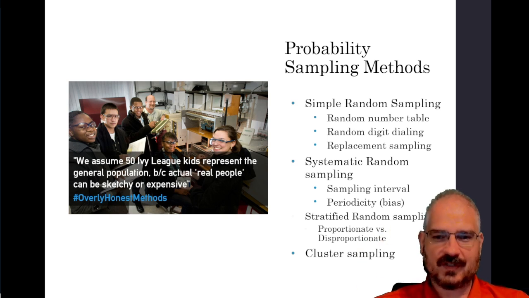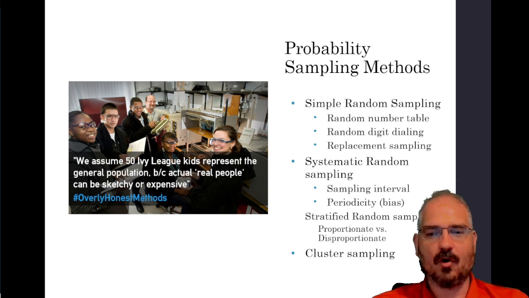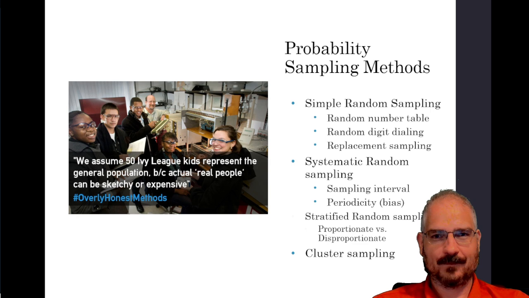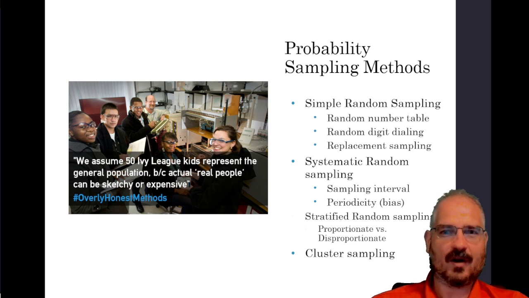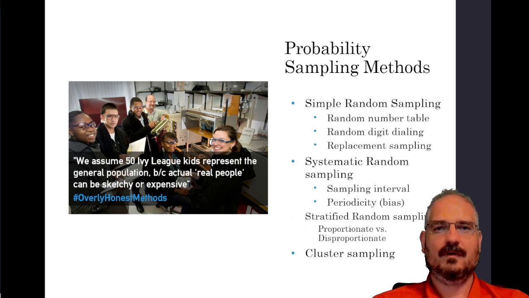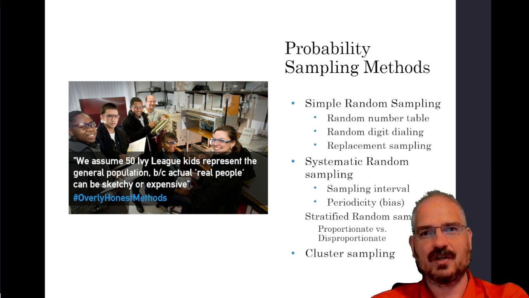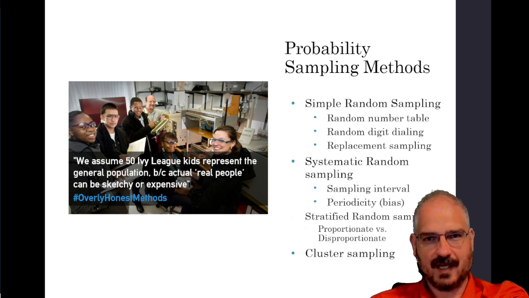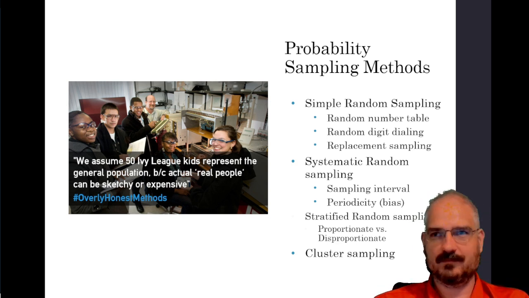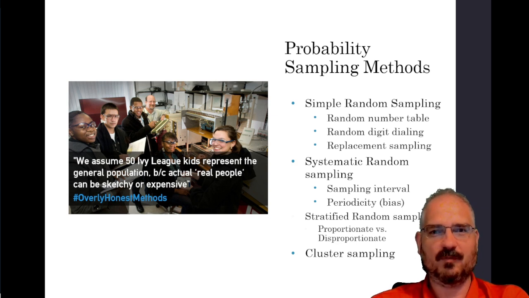So if we're going to use this systematic random sampling method, we have to make sure that there is no periodicity in our sampling frame. If it is arranged in some way that messes with our sample, this systematic random sampling method can introduce a bias in our sample. So maybe it's students at a university, but they're listed by class year, freshman, sophomore, junior, senior.